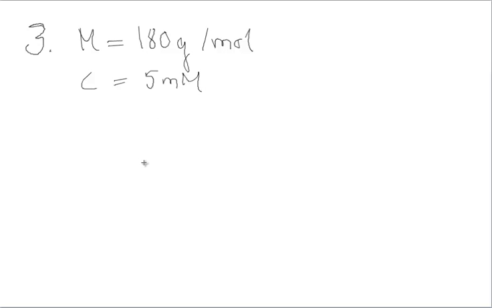How much would you need of the compound for a volume of 250 milliliter? So the molecular weight is 180 grams per mole. The concentration is 5 millimolar. The volume is 250 milliliter. What is the mass? How much would you need of the compound?